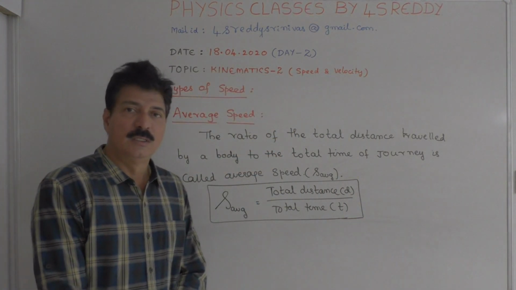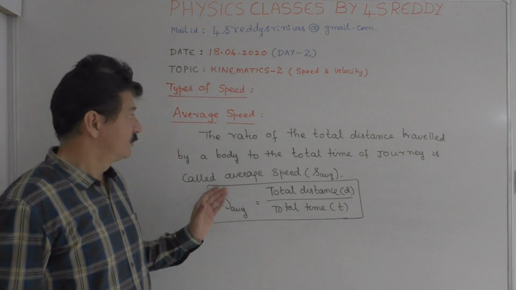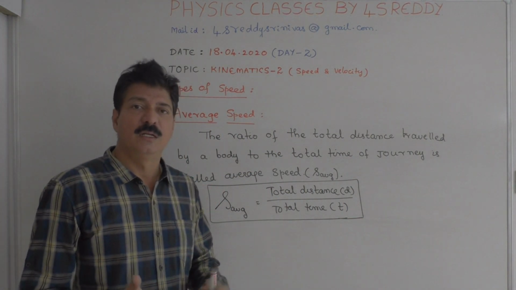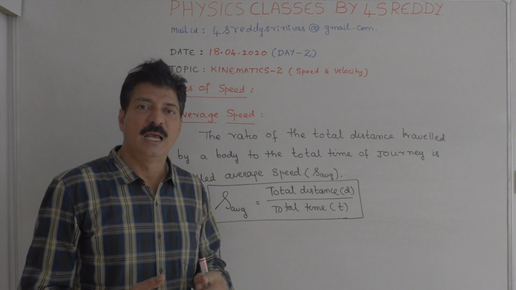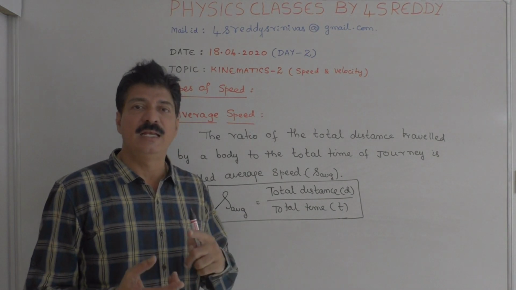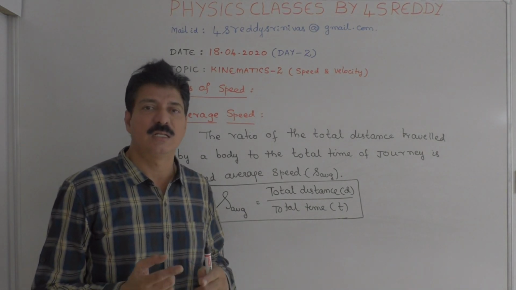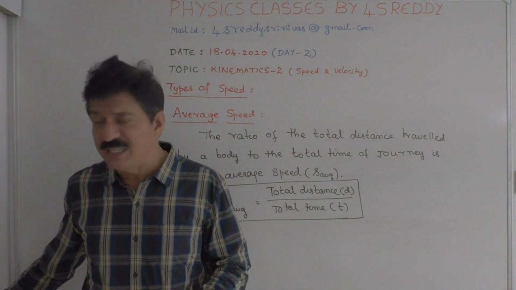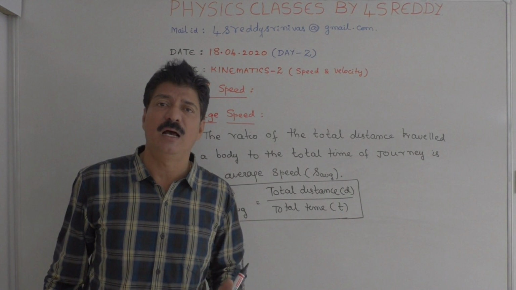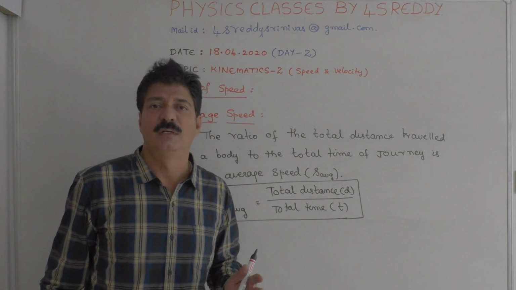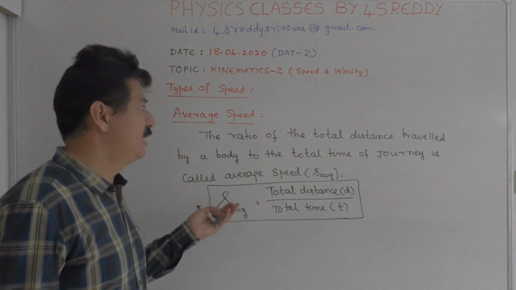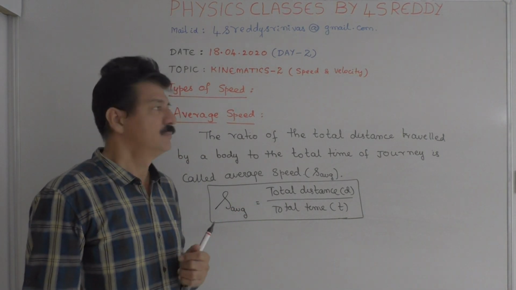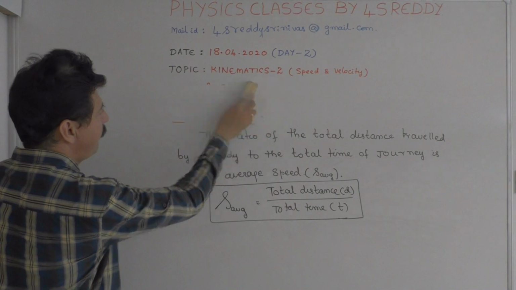So, these are the different types of speed we have: uniform speed, non-uniform speed, instantaneous speed, and the average speed. These are the 4 types of speeds we have. Based on this, you may be asked different types of skill questions based on a simple term like speed, how and what they are.